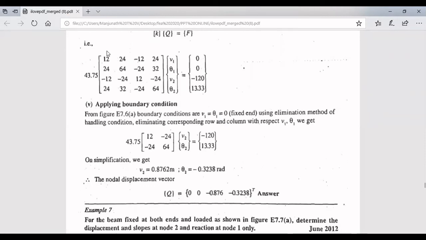Eliminate these particular rows and columns. Then only these values remain: 12, minus 24, minus 24, 64, with V2, equal to minus 120 plus 13.33. So we can rewrite it as 43.75 times 12, minus 24, minus 24, 64, multiplied by V2 theta 2, which is equal to minus 20, 13.33.